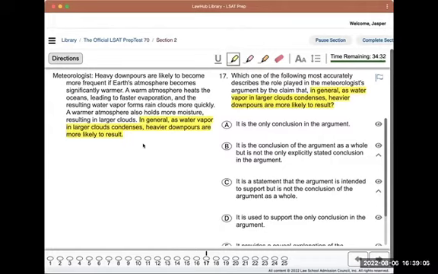A meteorologist says that heavy downpours are likely to become more frequent if Earth's atmosphere becomes significantly warmer. Now that looks to me like it's probably the conclusion. And I say that because it looks like a prediction, right? And I think probably the rest of this is going to tell us why they think that that's likely to be the case. I could be wrong, right?